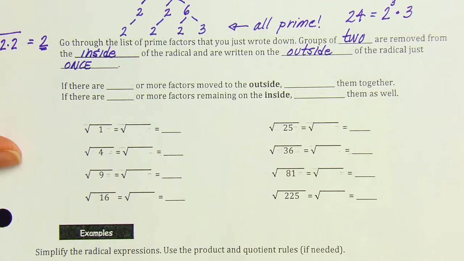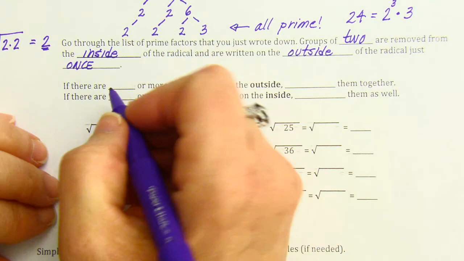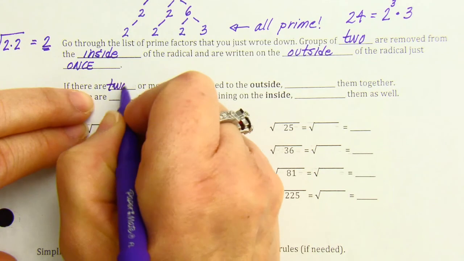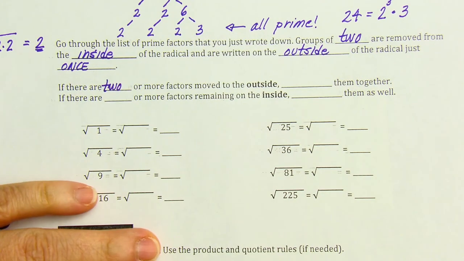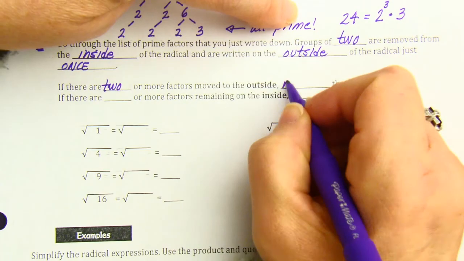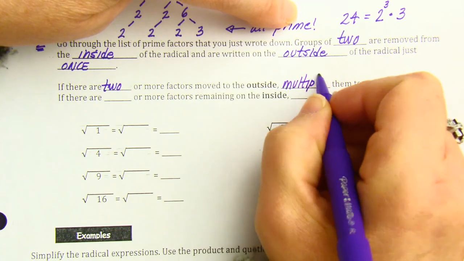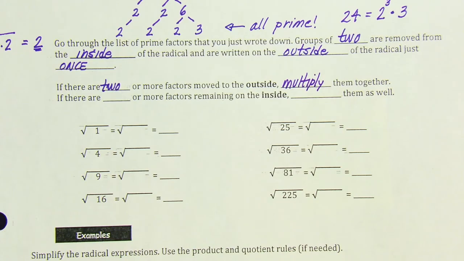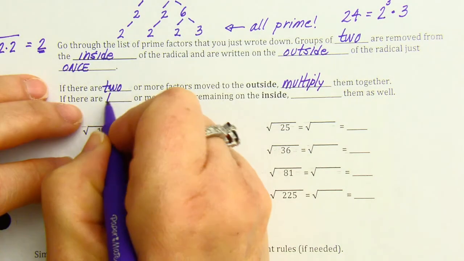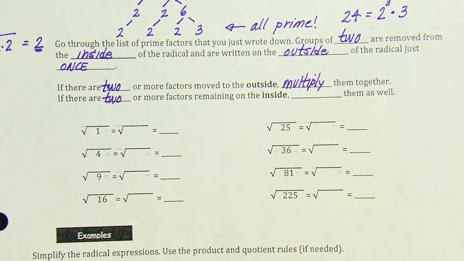If there are 2 or more factors moved to the outside, then you need to multiply them together. If there are 2 or more factors remaining on the inside, you have to multiply those as well.